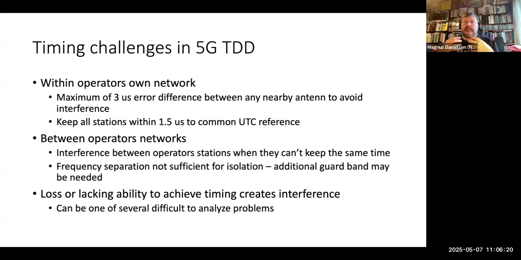The way this has been solved in the ITU-T standardization is to say that all stations should have their radio interfaces within 1.5 microsecond to the common UTC reference. And the common UTC reference is typically achieved through GPS GNSS receivers, which have been so easy to deploy. When you can use that, it's a wonderful solution.